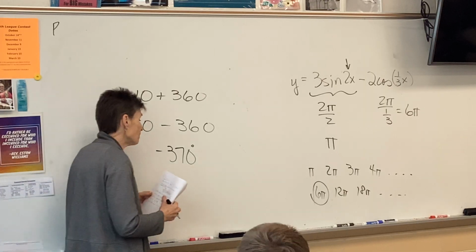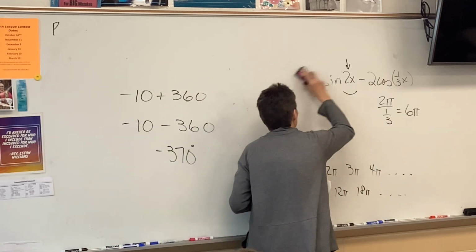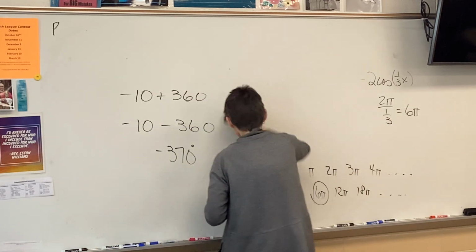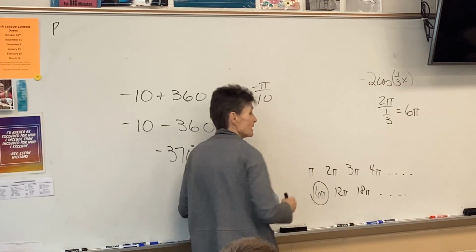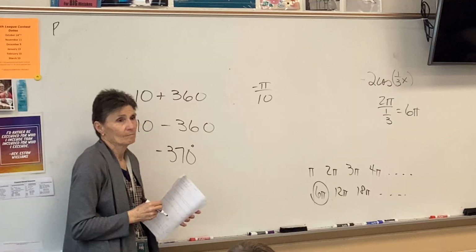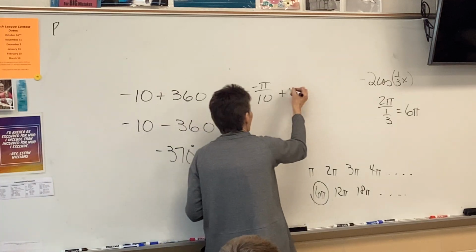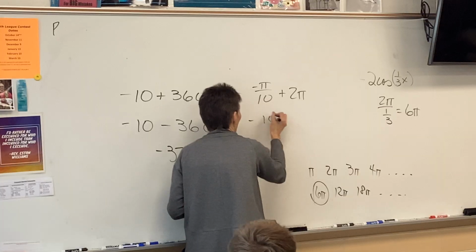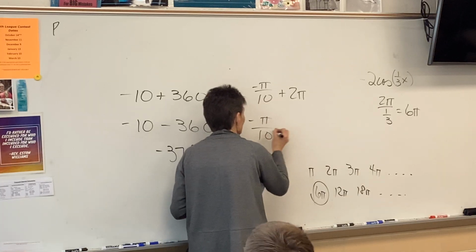Now, for some reason, some of us get all bumfuzzled if we do that in radians. So let me just step over here. Let's suppose the angle had been negative pi over 10 radians. I would add 2 pi, or I would subtract 2 pi.